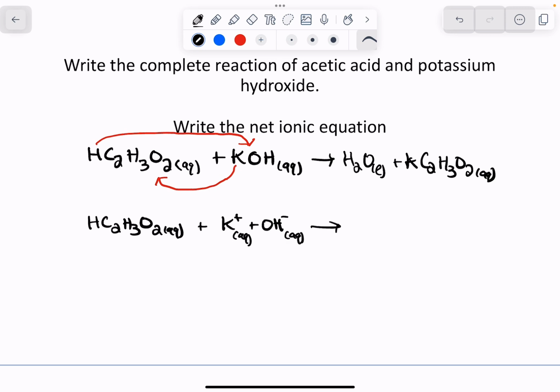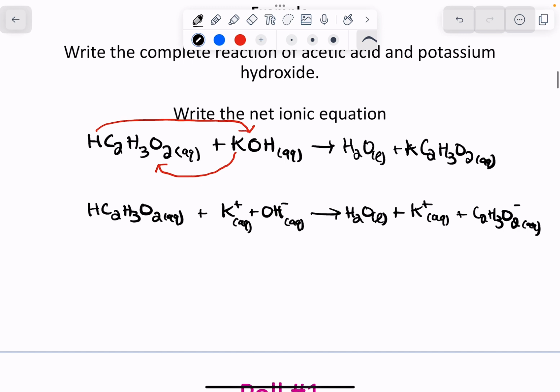Now, water is a pure liquid, so we leave pure liquids, solids, and gases alone, and then this salt is going to be K plus aqueous plus C2H3O2 minus aqueous. And so that is the ionic equation.